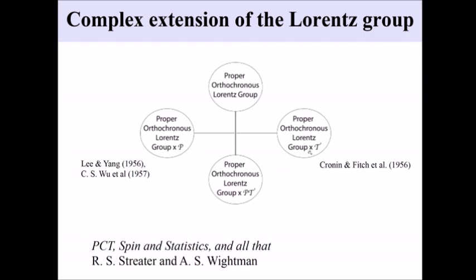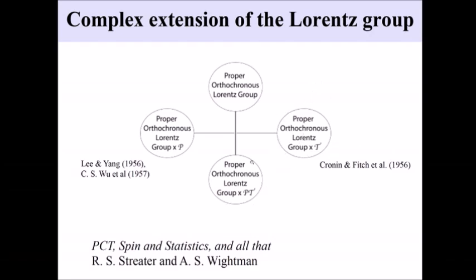They showed that the world is not invariant under time reversal, okay? So Lee and Yang showed the world is not invariant under parity, P, and Cronin and Fitch won the Nobel Prize for showing that the world is not invariant under T.